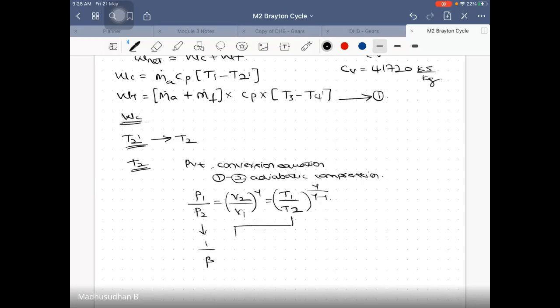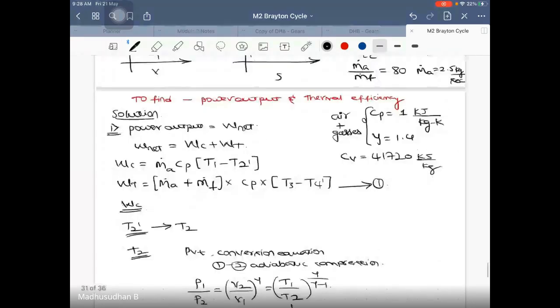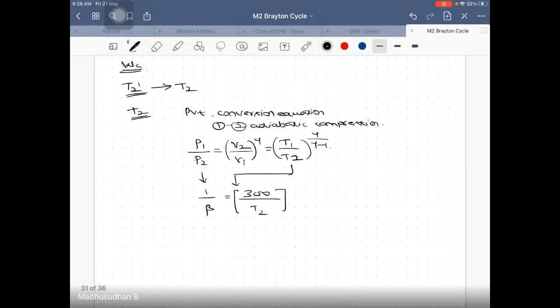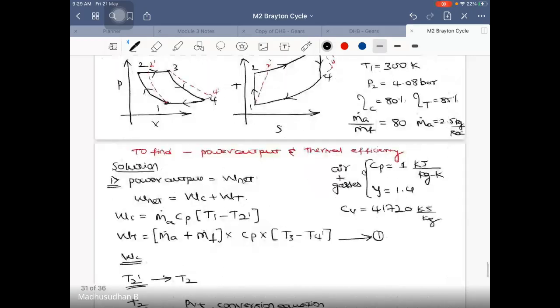Now T1 is 300 Kelvin, and T2 is to be calculated, whole to the power of gamma value 1.4, so 1.4 divided by 1.4 minus 1. Beta value is how much?